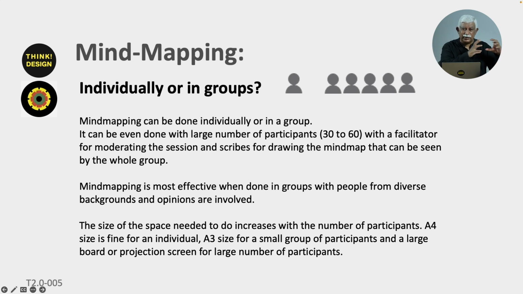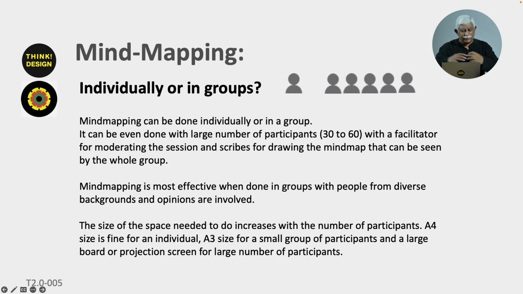When you have this, you need a moderator or a facilitator to moderate the session, and you need scribes, maybe 1 or 2 of them, to put down the thoughts on a surface while the whole group is ideating. Of course, mind mapping is most effective when it's done in groups with people from different kinds of backgrounds. The more diverse the backgrounds, the more opinions are involved. So it's better for mind mapping.